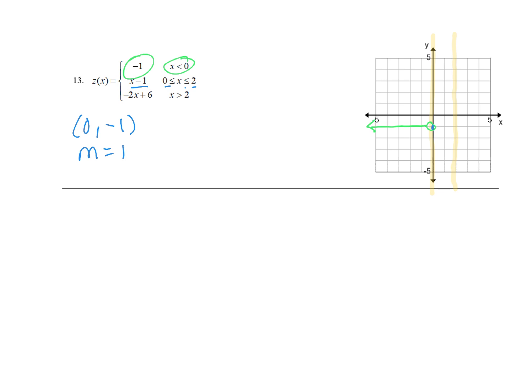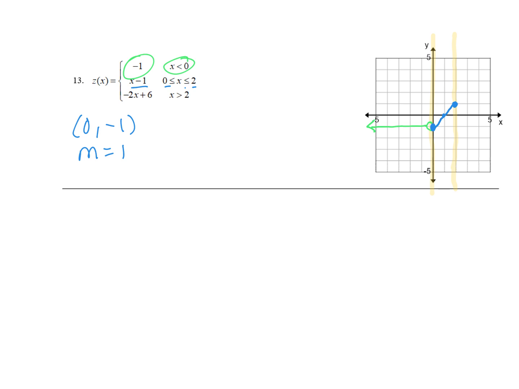Well, notice what happens here. That means that point that I had an open circle on is now part of the graph. And then I'm going to count up 1 over 1, up 1 over 1. And so here is the middle section. Notice that the green and blue line are actually connected. Okay, so we actually do have a point there.